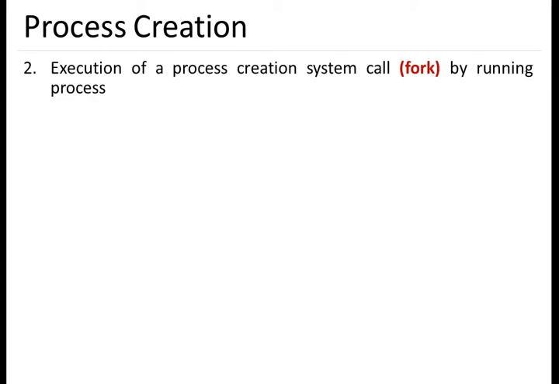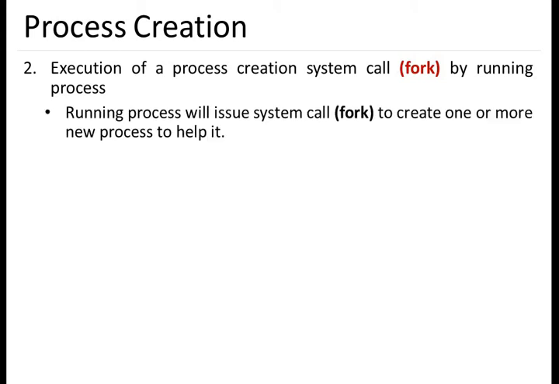The second one is process creation by a system call from a running process. In the concept of system calls, there is one system call for process management, that is fork, and fork is used to create a child process. A running process will issue the fork system call to create one or more new processes to help it.